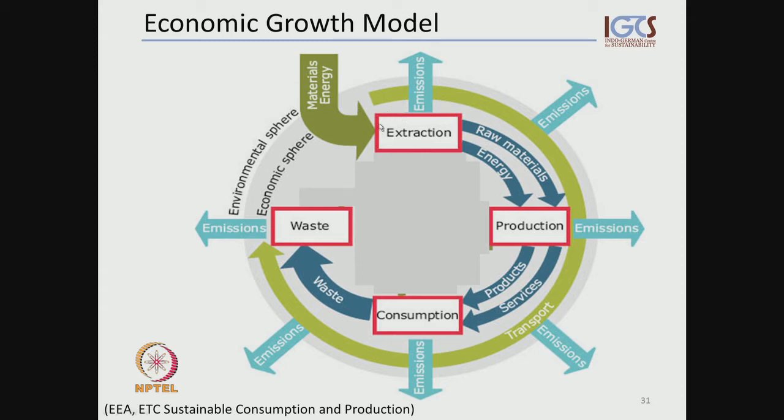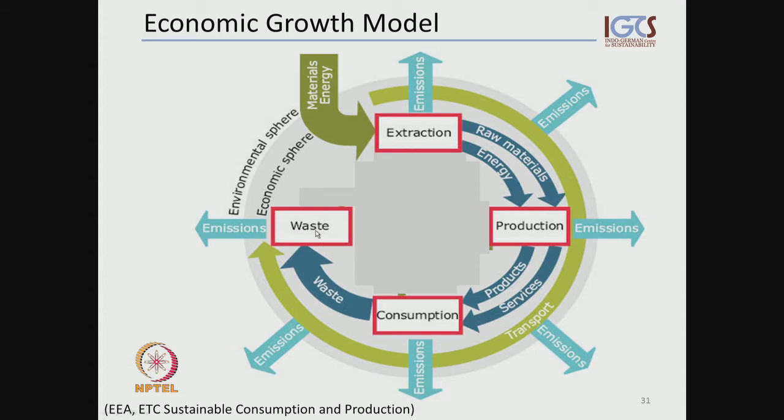And this goes from a production cycle where emissions take place, where waste is being produced, to a consumption cycle, and at each stage we have emissions to the air. We have waste streams to the soil and to water bodies.